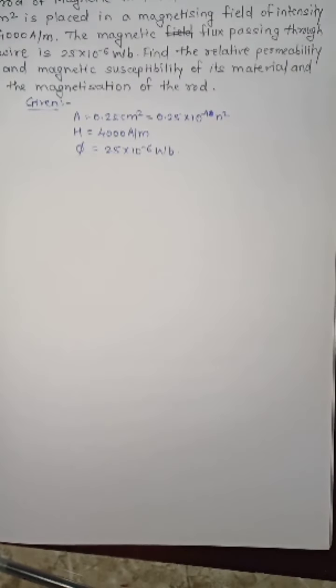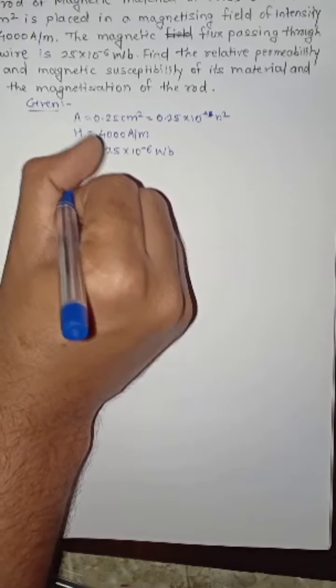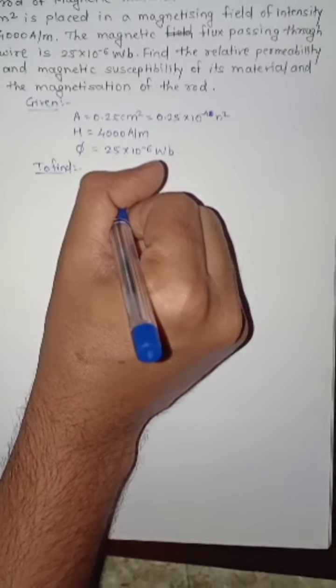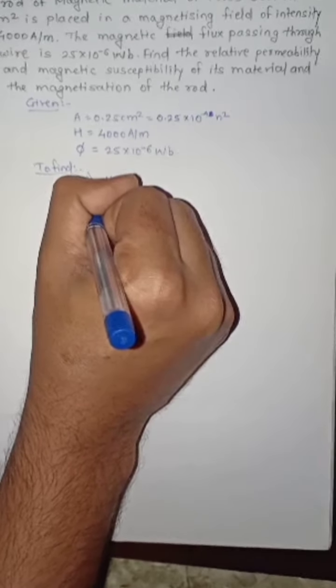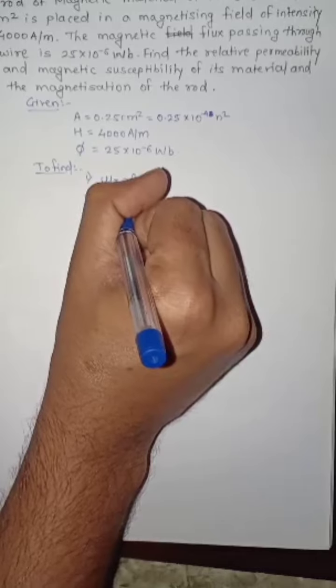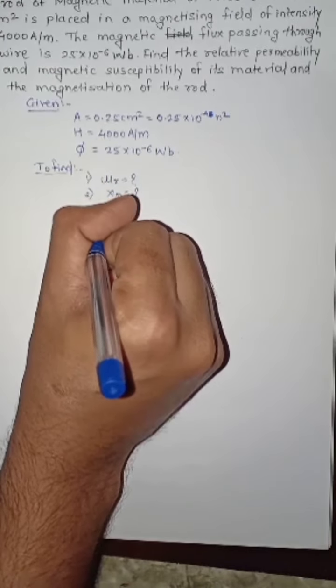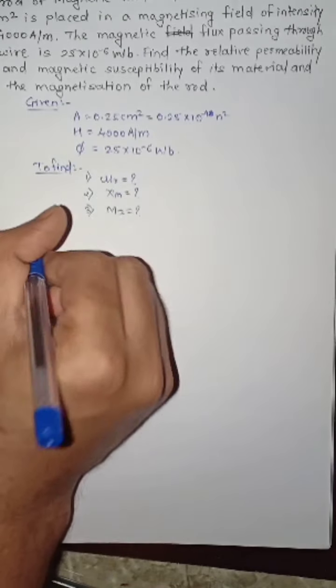To find: relative permeability mu r, second magnetic susceptibility chi m, and third magnetization of rod M is equal to question mark.